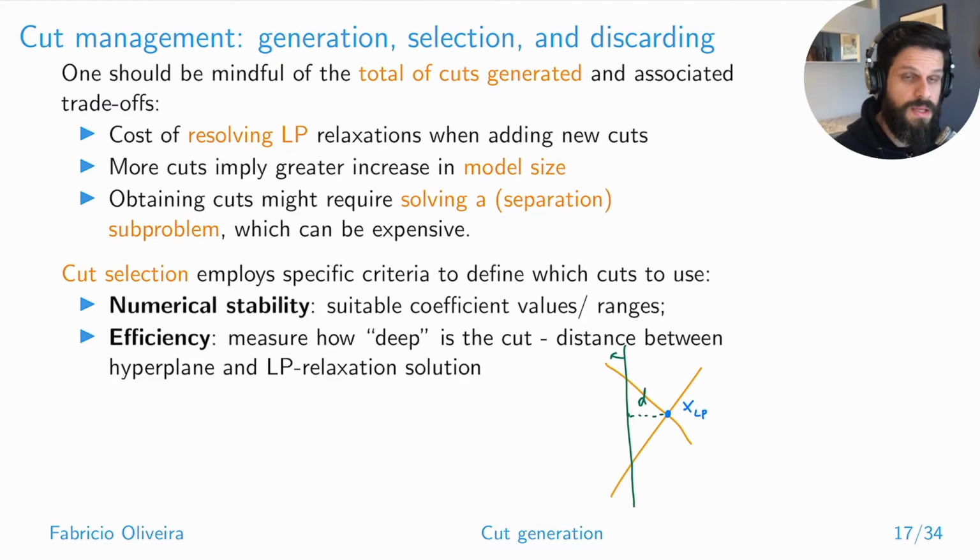The bigger the distance d, the deeper you're getting into the linear relaxation, and typically that's a good thing. So if you're trying to decide whether to introduce, say, D1 or D2, instead of adding both, you can select D1 using criteria like so.